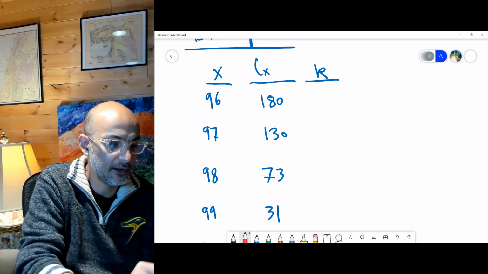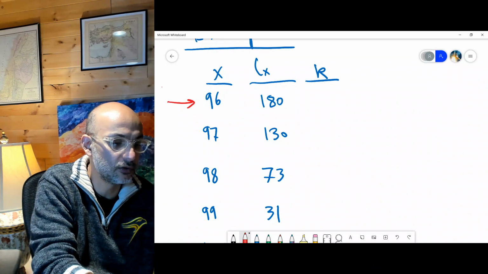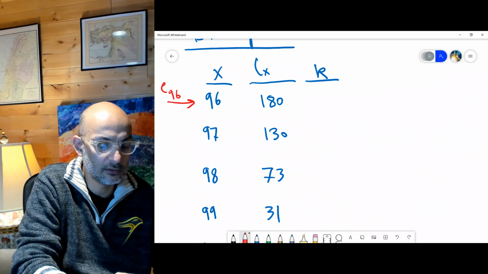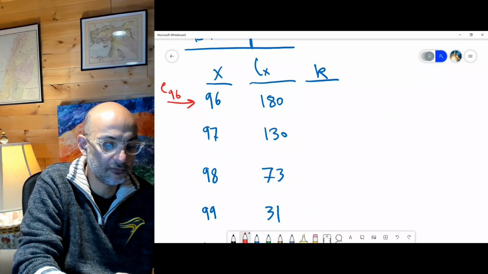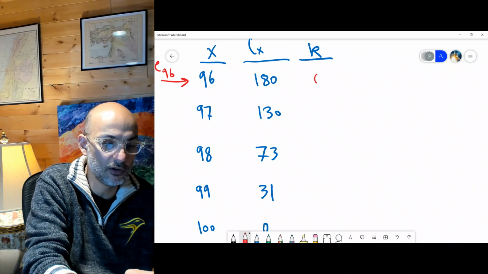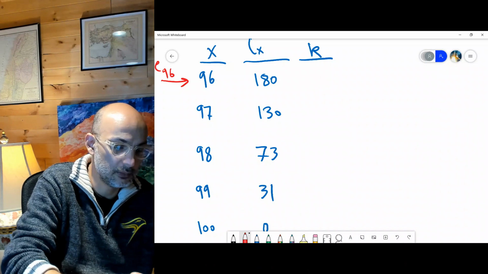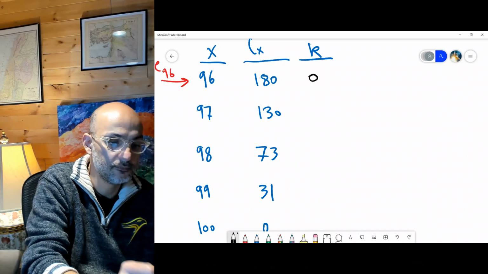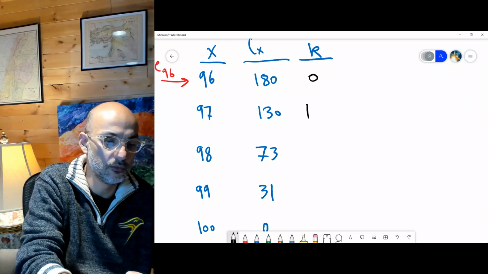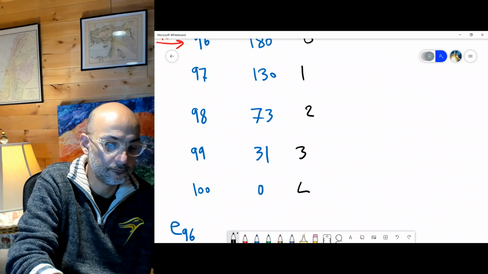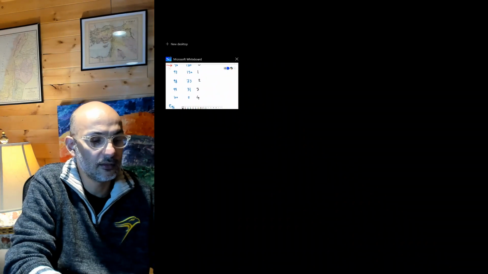The year we are interested in starts here, because remember the question wanted to find e_96. So the first year I would usually have k equals 0, right? The first year is 0, then 1, 2, 3, 4. So it's very important to get the k right.